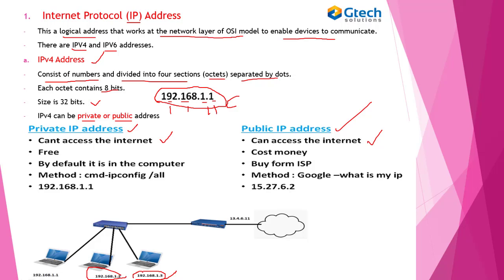These computers can communicate using these IP addresses. Now, for these computers to connect to the internet, they must be assigned a public IP address. This is done by the ISP, Internet Service Providers, but the private one you can do on your own.